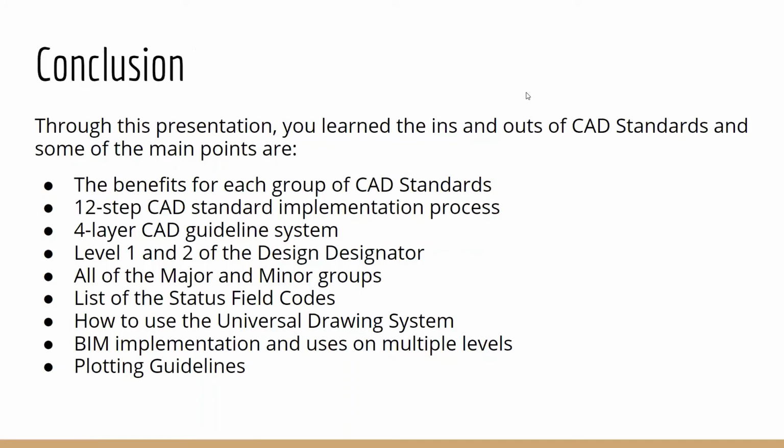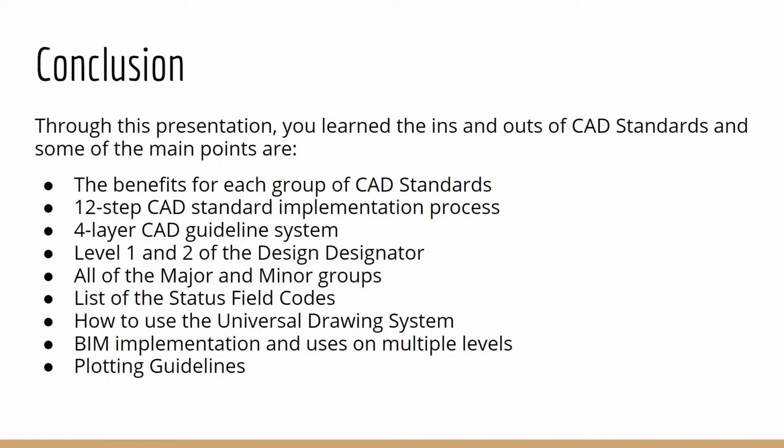So in conclusion, throughout this presentation, we went through the ins and outs of CAD standards and just go over some of the main points. We went over the benefits of CAD standards for different groups of people. We went over the implementation of CAD standards through the NCS and their 12-step implementation process.